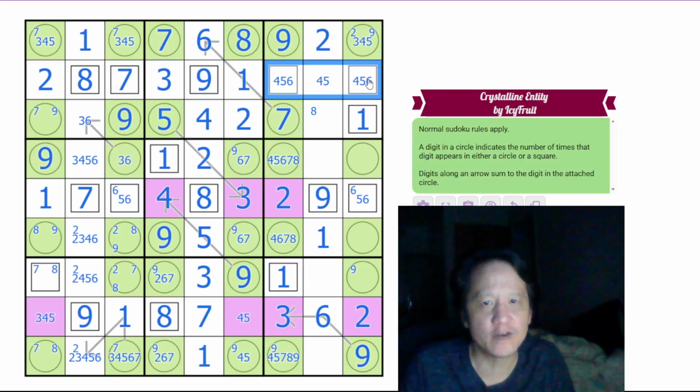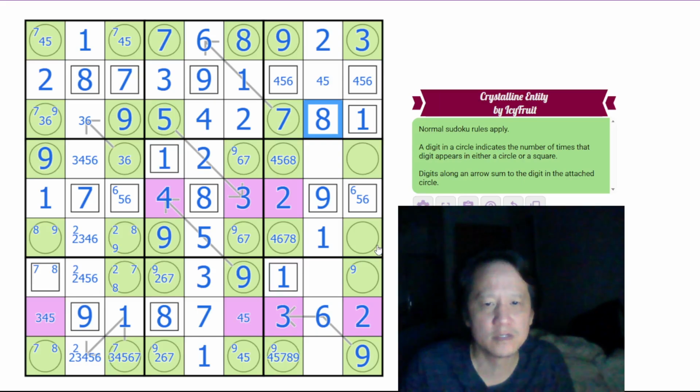We have a 4, 5, 6 triplet, which eliminates 4, 5, and 6 in the rest of the box. This can't be 7. This has to be 3. So this cannot be 3. This can't be 3. This becomes a 3, 6 pair. That forces this to be 8. 8 can be either of these.